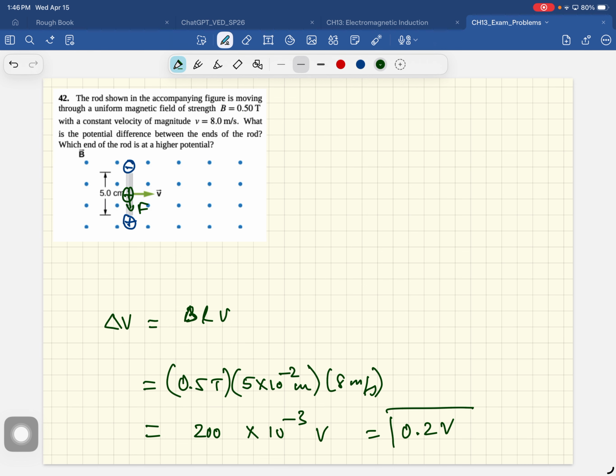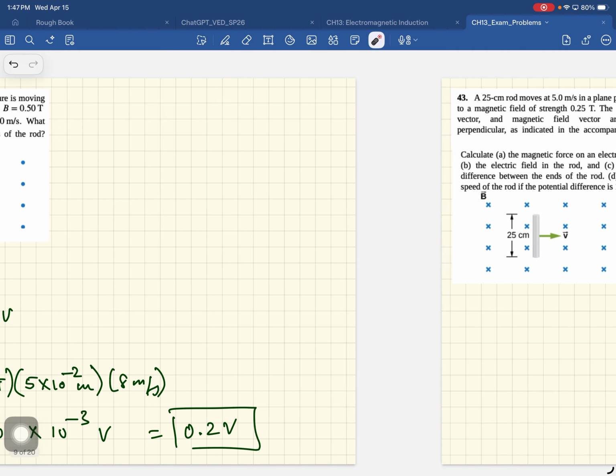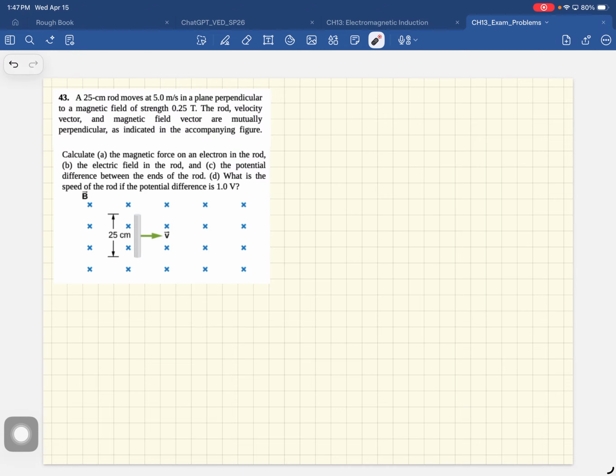The electric field in the rod: V is 5 meters per second, and I put half a Tesla, so the field is 2.5 volts per meter.